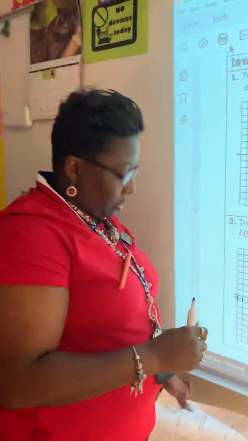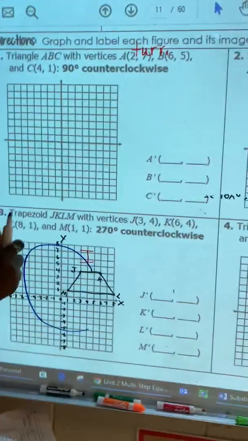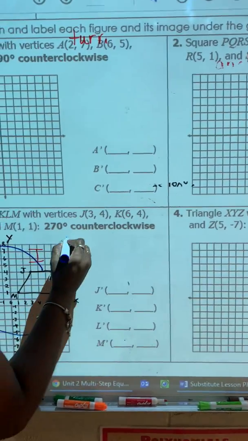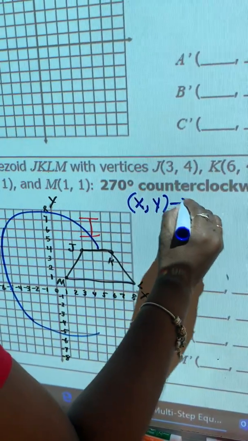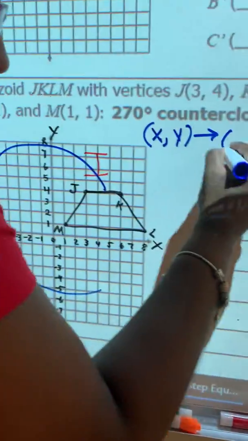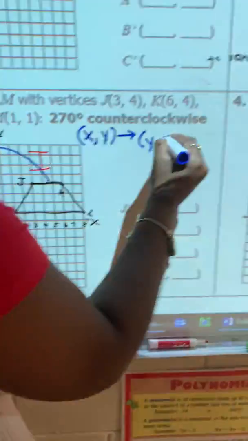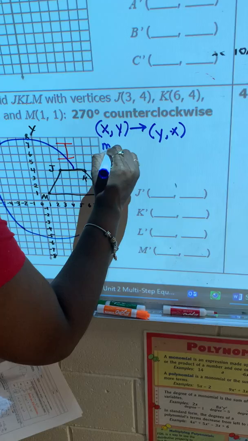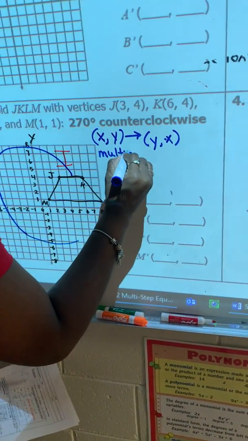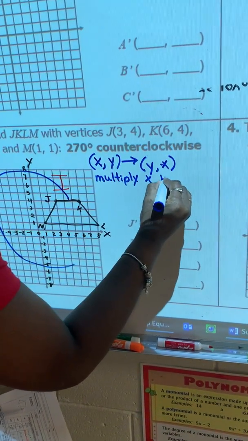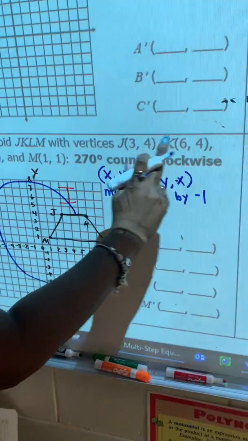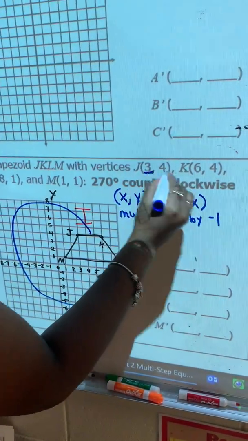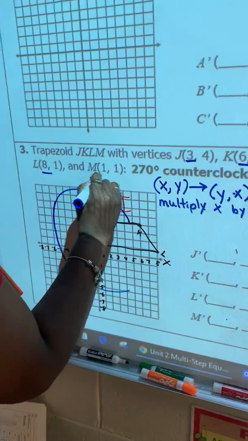If you go back to your notes, you know that counterclockwise is stated in your notes that you have X and Y, okay? But it should yield like this. So you have to multiply X by -1. So I want to multiply all these X coordinates by -1.